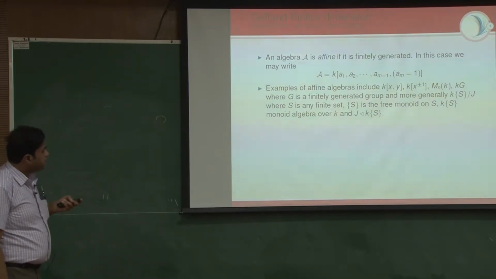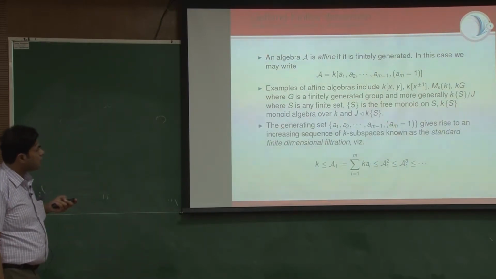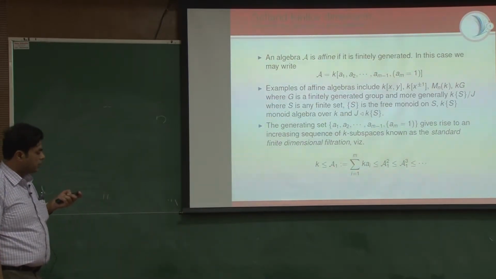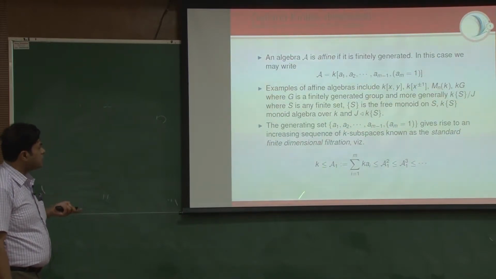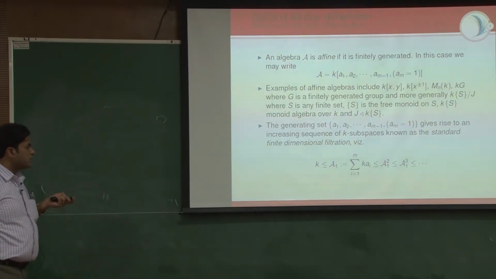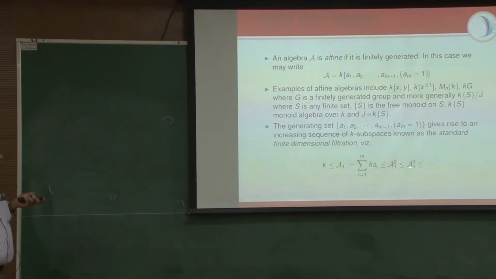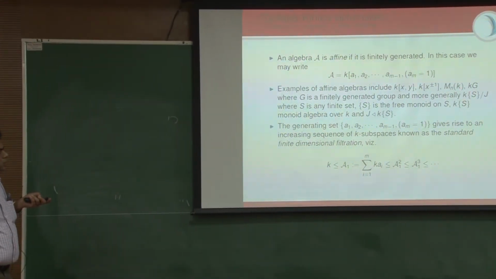Okay, so what is this sequence of subspaces? The first term is the field, which is sitting inside the center of the algebra, as you know. Then there is the linear span of the generators, and then we take successive powers.